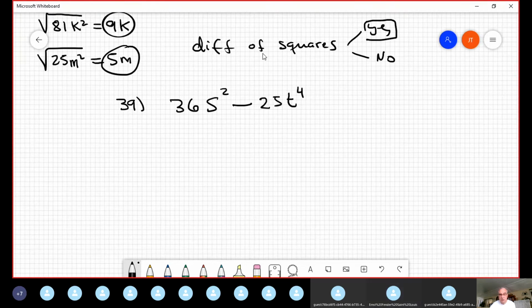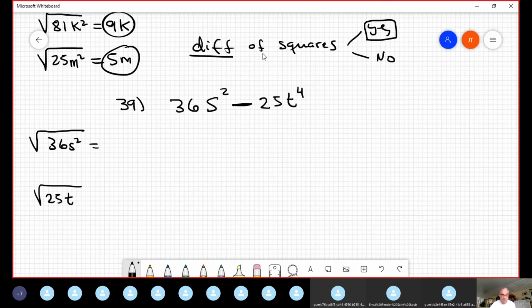Absolutely yes, because a binomial with subtraction, and 36 and 25 are perfect square numbers. The square root of this one is 6s, and this is 5t², because 4 divided by 2 is 2.